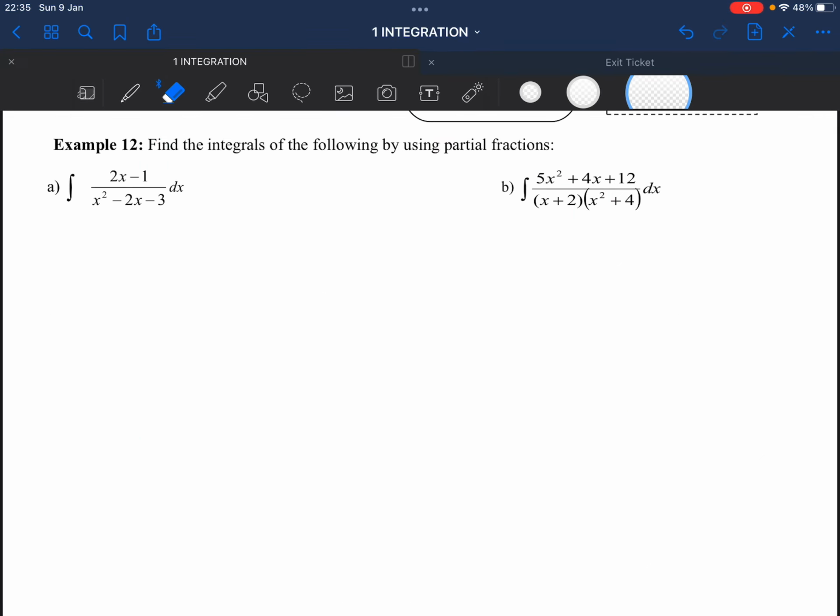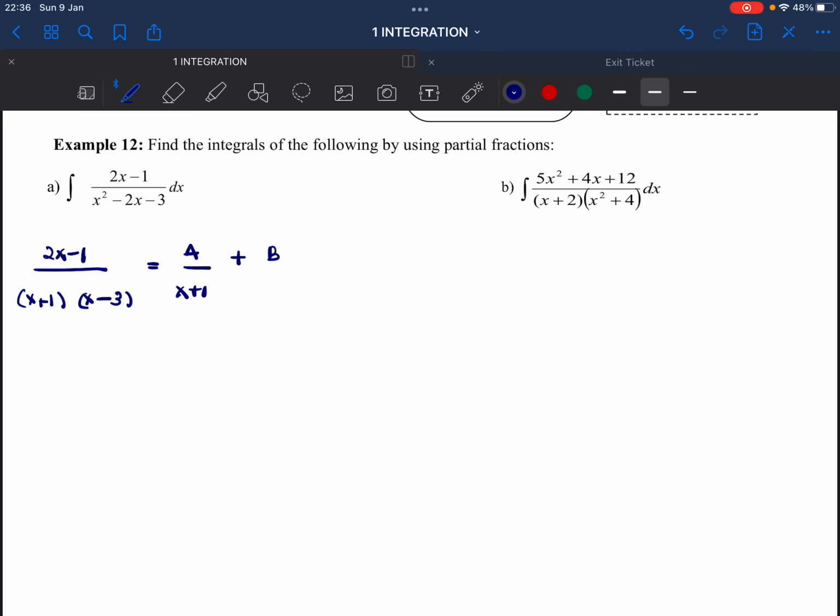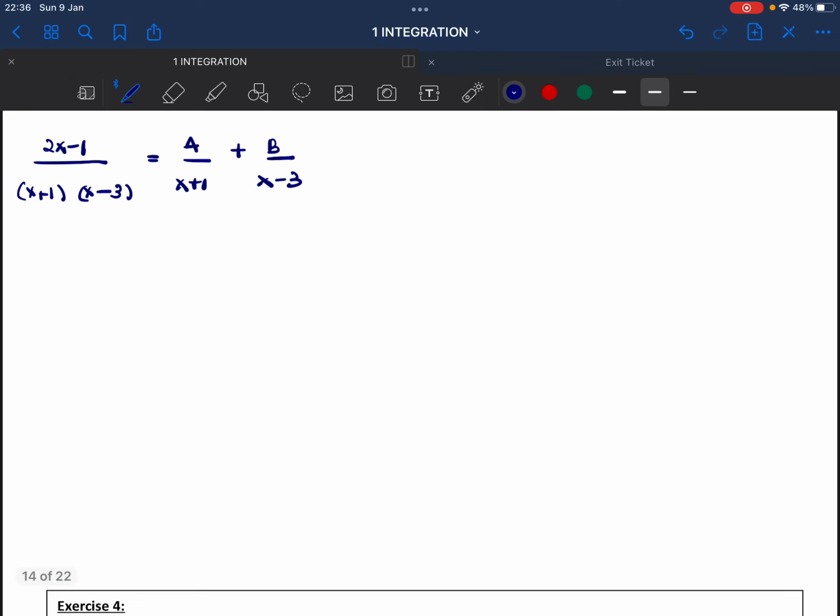Factorize this, you will get x minus 3, x plus 1. Okay, x plus 1, x minus 3. Both of these factors are linear, so we decompose it as A over x plus 1 plus B over x minus 3. Now the same thing that you did in chapter 6, we do it again here. Just find your constants A and B.